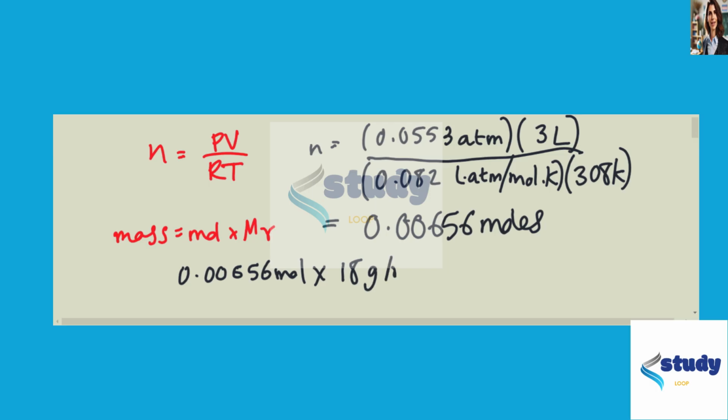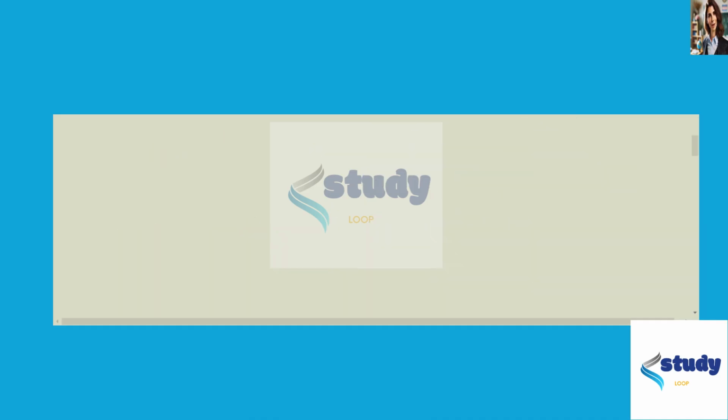And that should give us the mass of 0.118 grams using a calculator. An interesting observation is that this mass is lower than the mass of water in the flask.